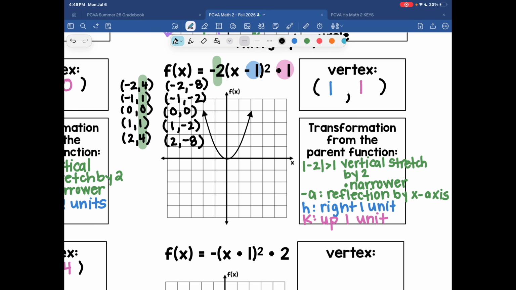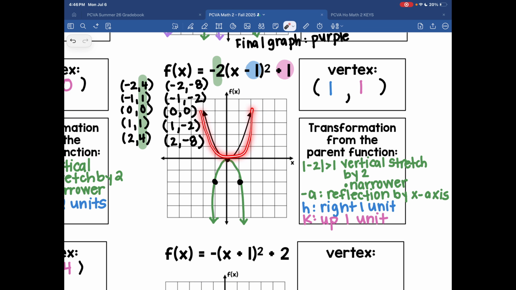So if I plot those, I go to -1, -2, 0, 0 stays the same, and then 1, -2. Okay, I should see that it not only got narrower, but it also did a reflection over the x-axis. So you can see that it definitely is skinnier.